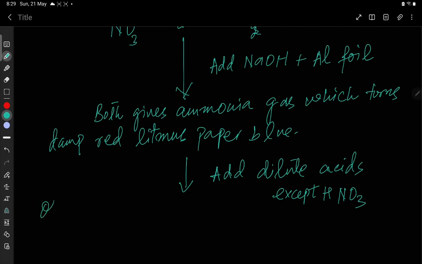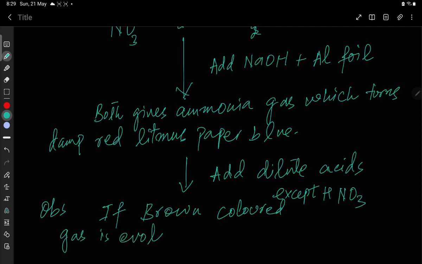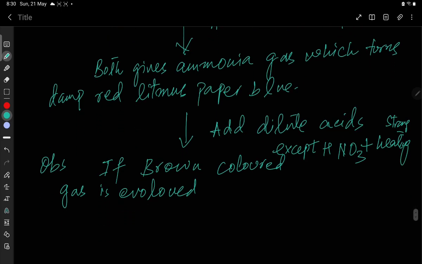The observation would be, if brown colored gas is evolved, it confirms nitrite ion.